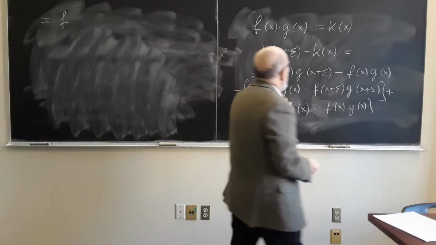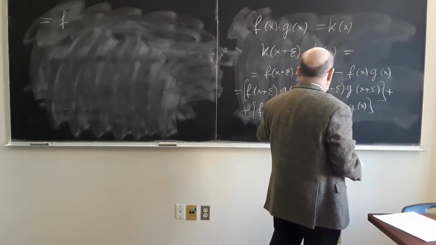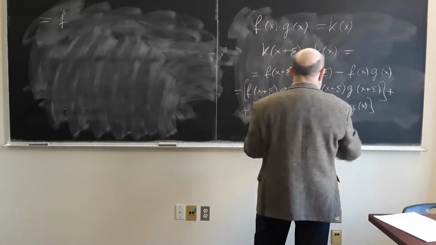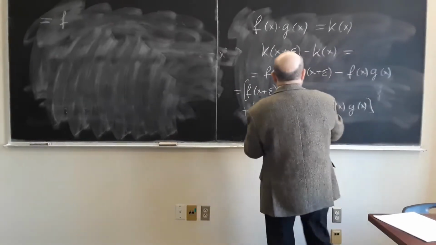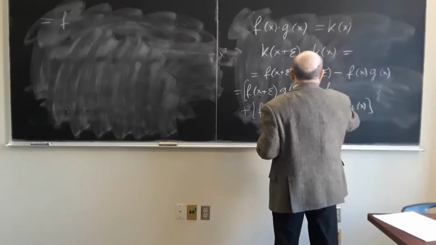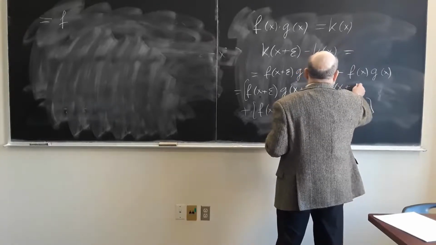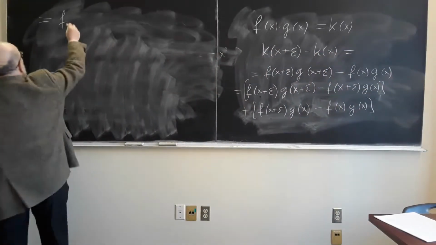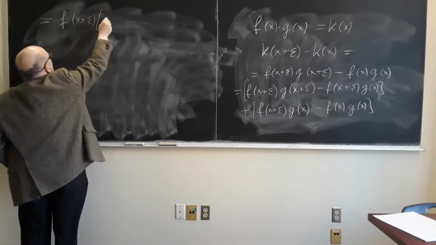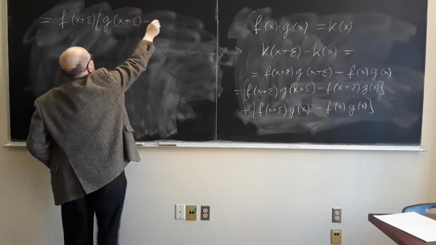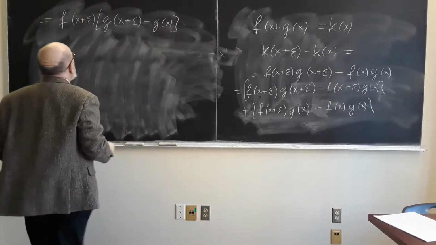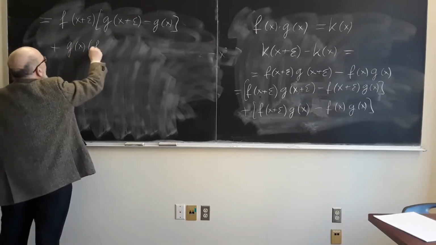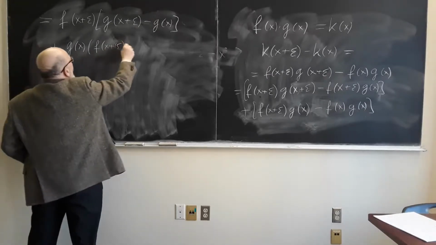Just a minute. So it equals f(x plus epsilon) times g(x plus epsilon) minus g(x), plus g(x) times f(x plus epsilon) minus f(x).